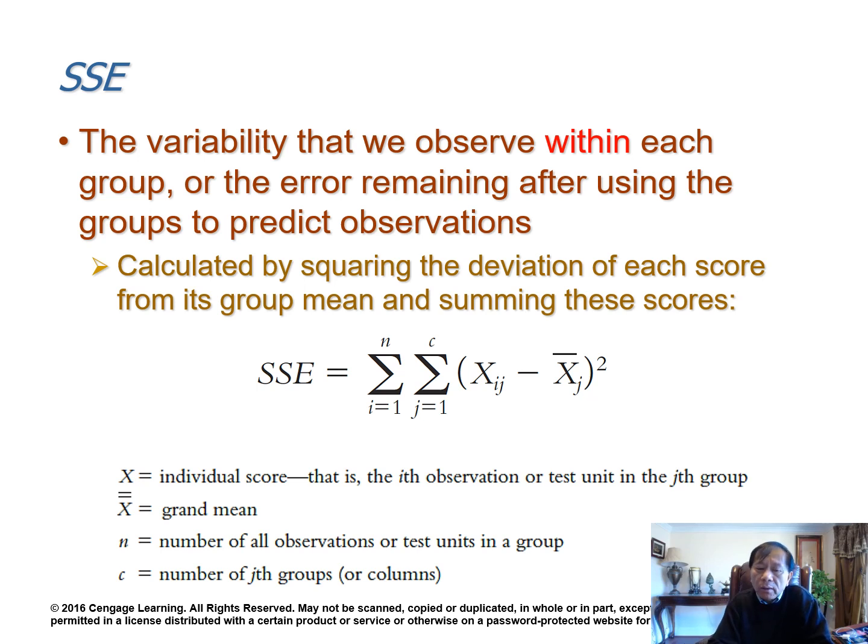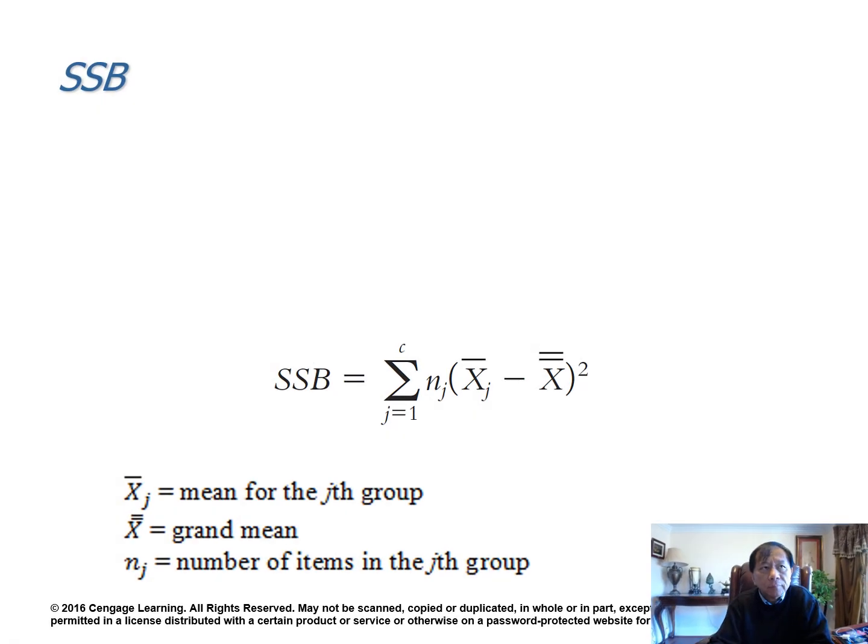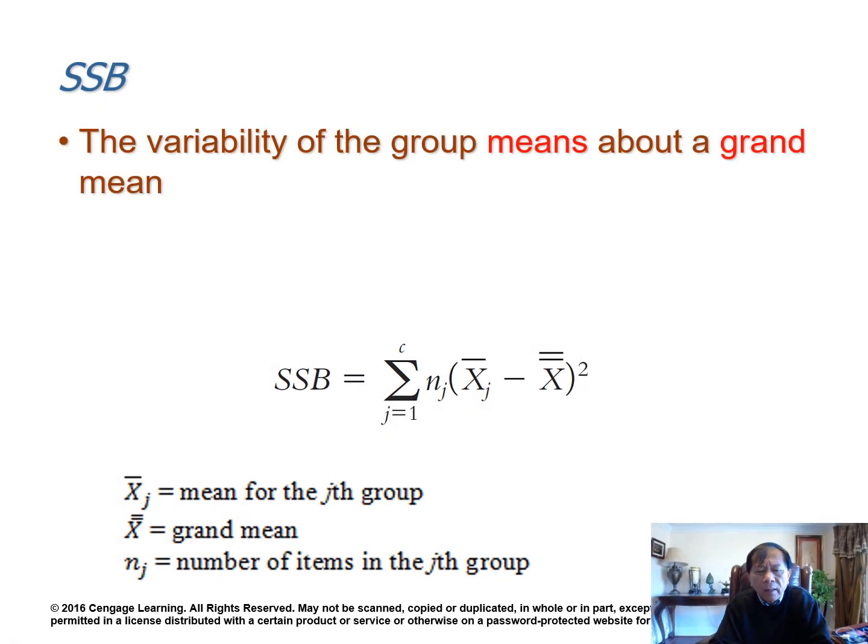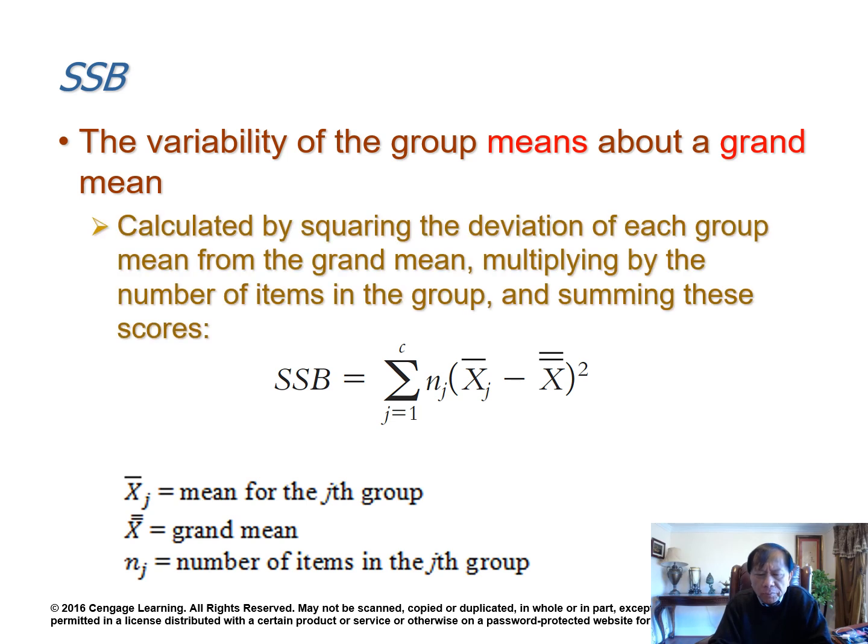That's the sum of squares error, SSE. And then SSB is the sum of squares between groups. It's the variability of the group means about the grand mean. It's calculated by squaring the deviation of each group mean from the grand mean, multiplying by the number of items in the group, and then summing these scores.